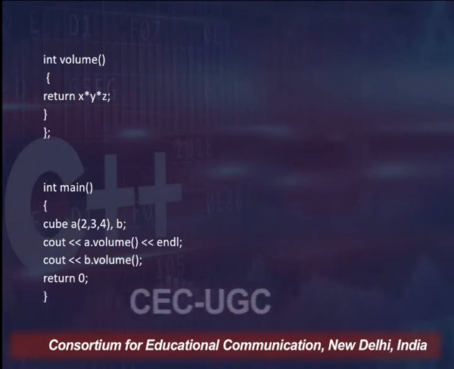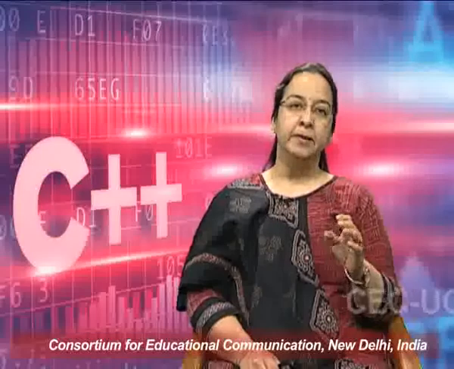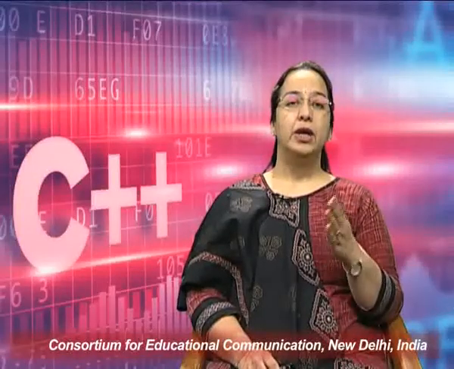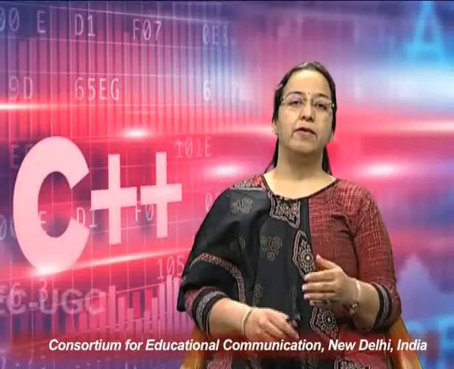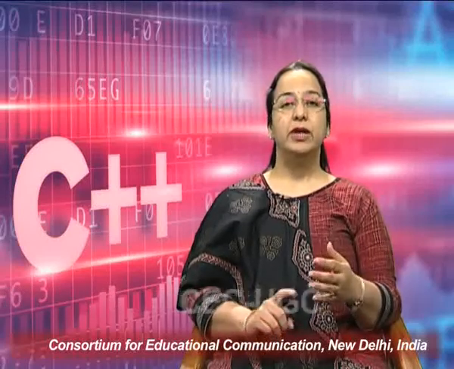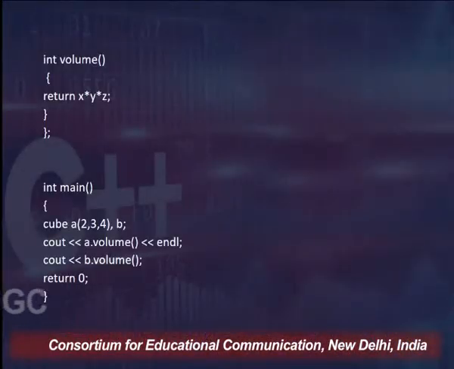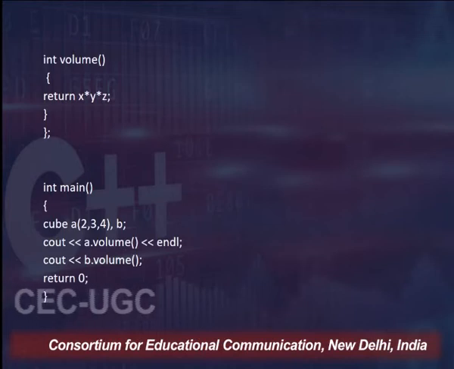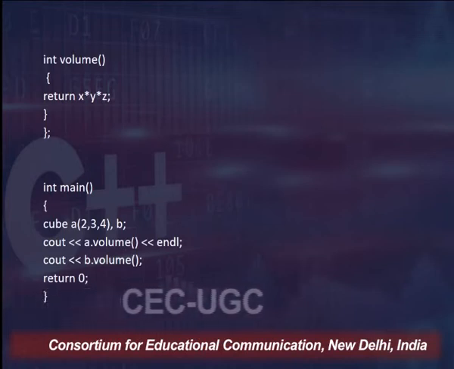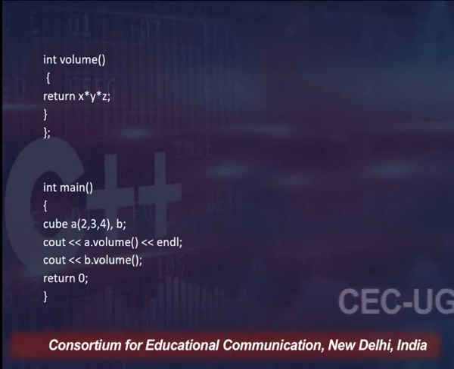As you are all aware, whenever an object is created, a constructor is called. Here we create two objects of the class Cube, named A and B. The program is shown on the screen. For A, the parameters passed are 2, 3 and 4, and for B, no parameter is passed.